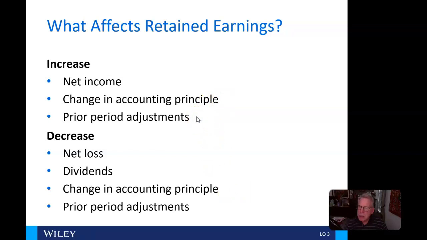A prior period adjustment, very rare that you see that. That is an admission of a material mistake, and that's not going to please anybody. In any event, what would decrease it? A net loss. If we decide to pay any cash dividends, a change in accounting principle, or a prior period adjustment.